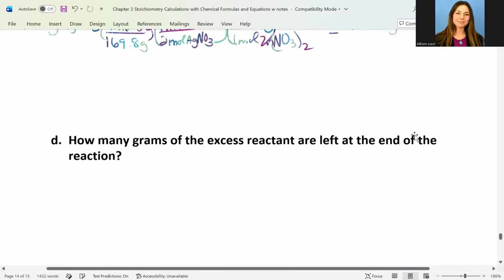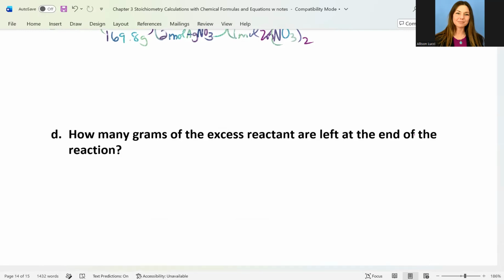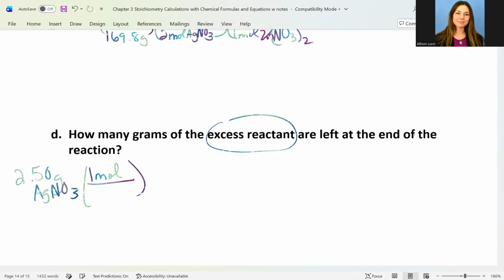And the last part of this question here asks us how much of our excess reactant will be left at the end of the reaction. So again, we can use our limiting reactant, which is 2.5 grams of the silver nitrate, which we found in the first part of this calculation set.